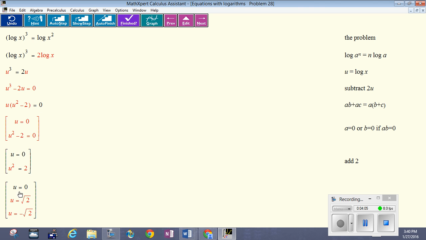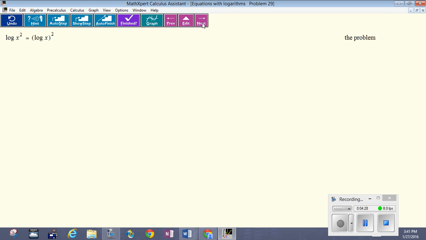Log of x can never equal 0, if you recall the graph. The log of x could equal a negative root 2. So we're going to have log of x equals root 2 and log of x equals negative root 2, okay?